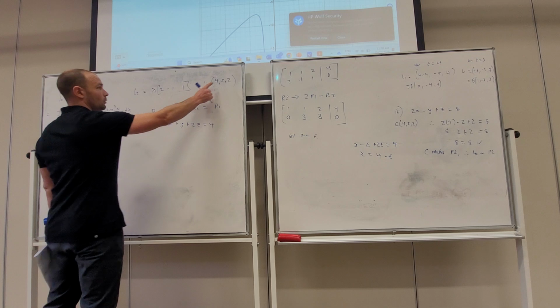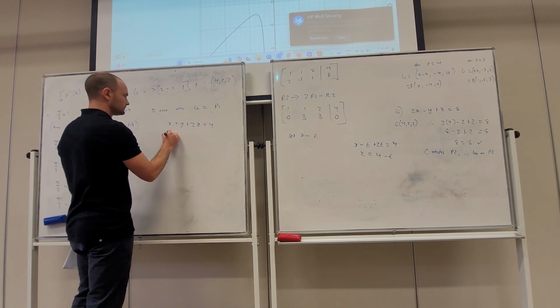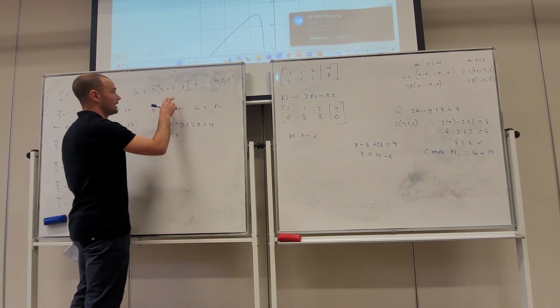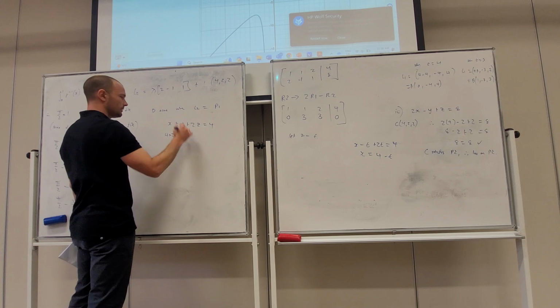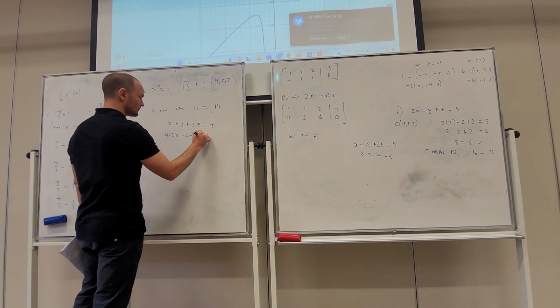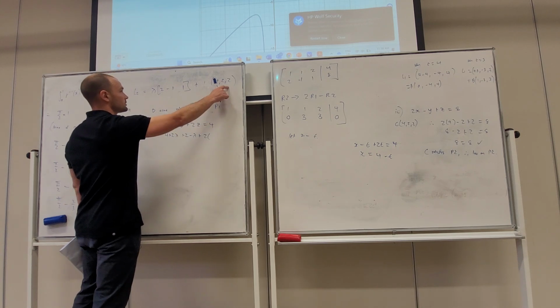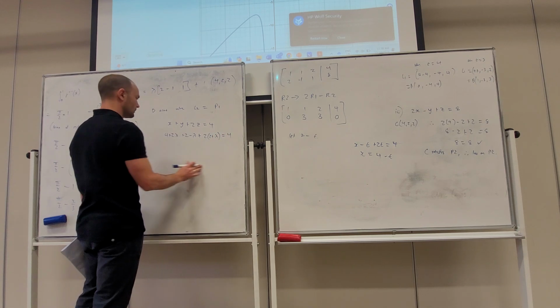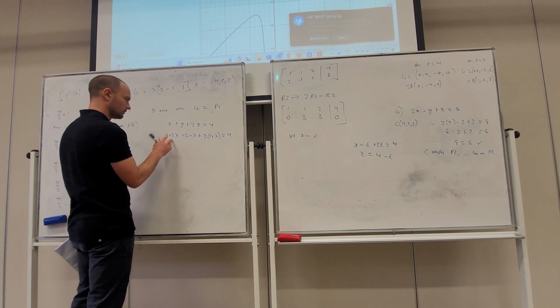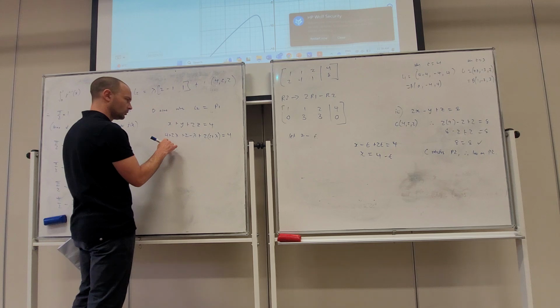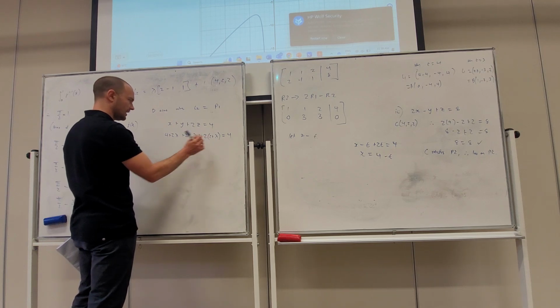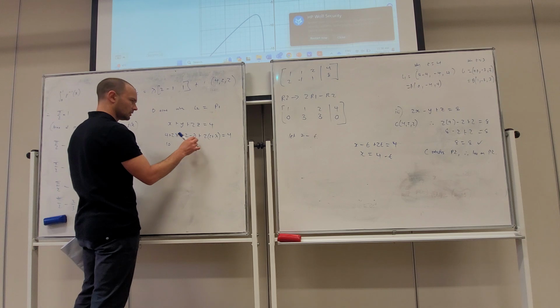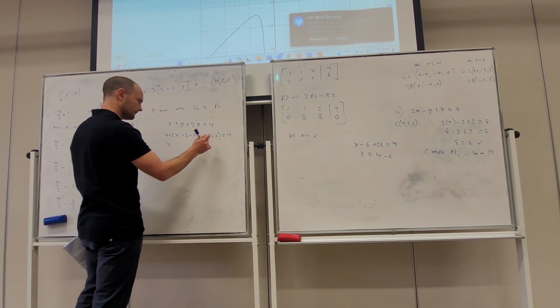So we'll have 4 plus 2 lambda, 2 take lambda, plus 2 times 2 plus lambda. Solve through for lambda.